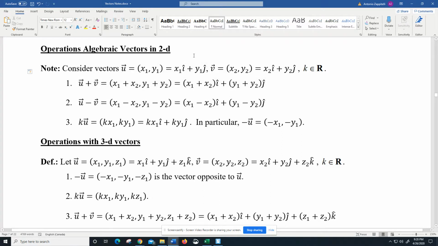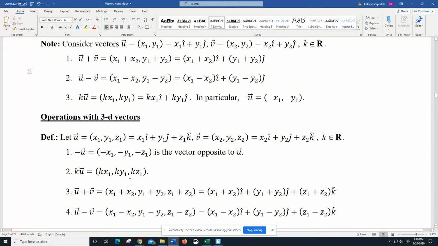So x1 plus x2, and then the y component, y1 plus y2. Okay. Similarly here, say I'm doing subtraction in 3D. I take my two vectors, okay, and if I want to subtract them, I subtract the x components, the y components, and the z components.